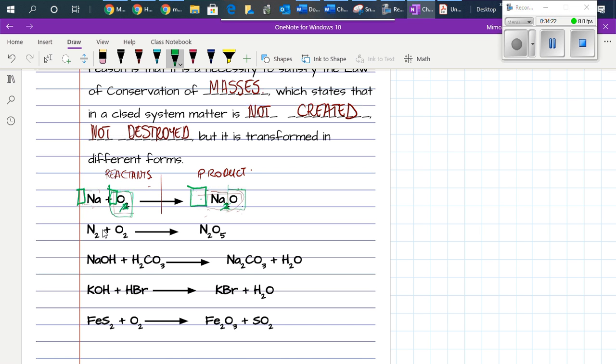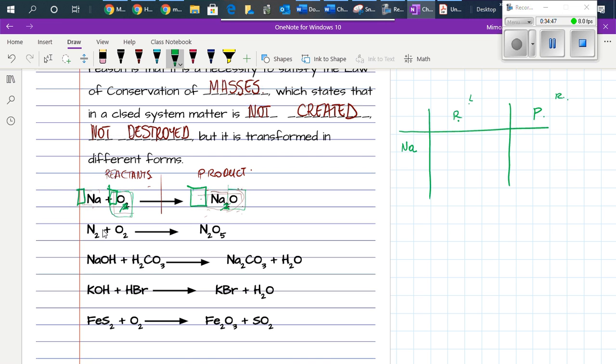Now, a strategy that is widely used to balance chemical reactions is writing the left side and the right side, or reactants and products. Sometimes they say left side, sometimes reactant; right side or products.